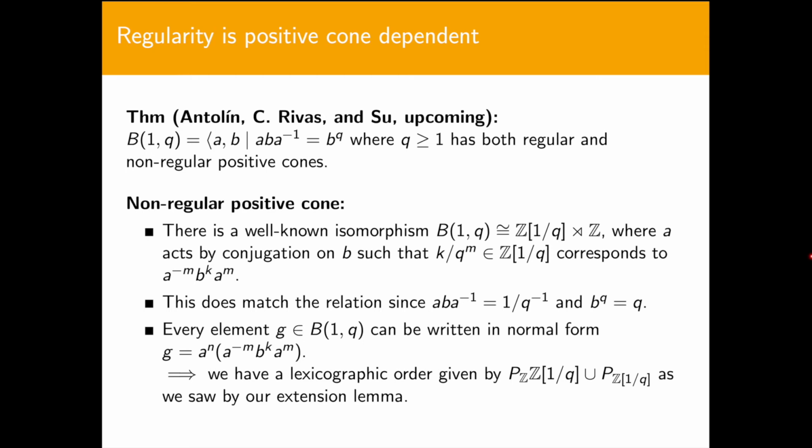So note that there's a well-known isomorphism between BS(1,q) and the semi-direct product of the q-adic rationals with the integers, where in this isomorphism, a acts by conjugation on b, such that k over q to the n, an element in these q-adic rationals, corresponds to a to the minus n, b to the k, a to the n.